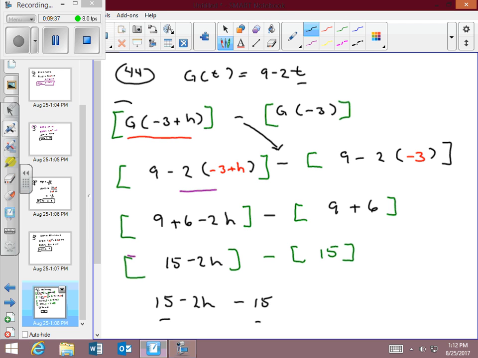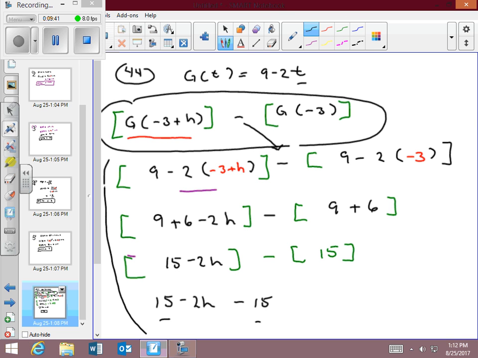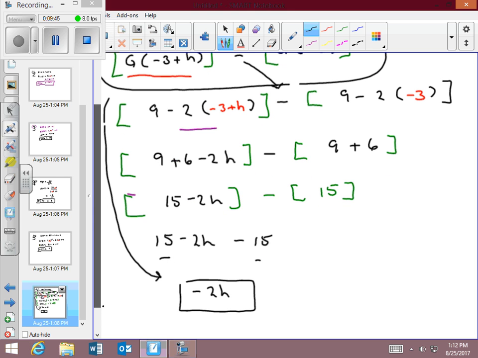This thing right here will evaluate to that down there. That's a little bit trickier. You've got to make sure that you hold your brackets together and do things carefully.